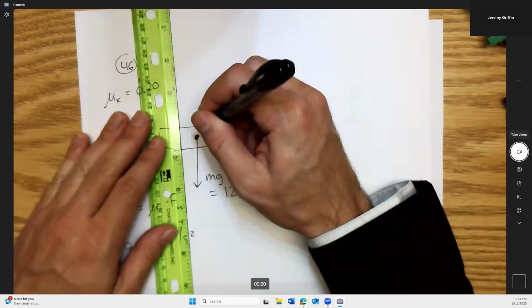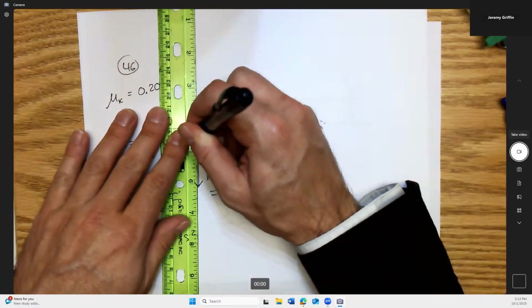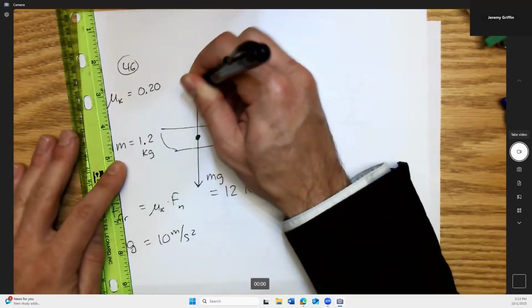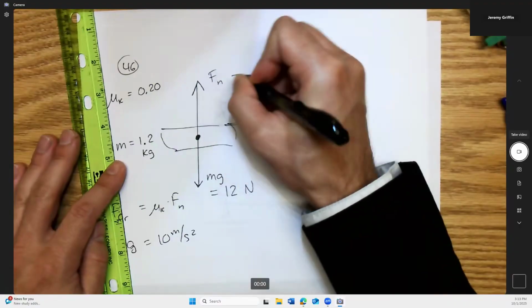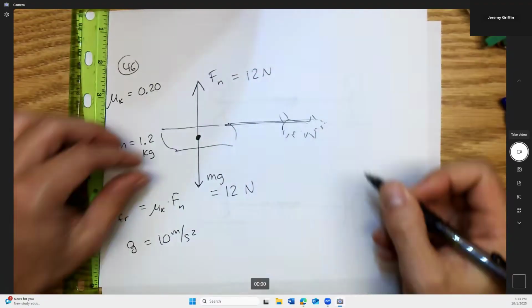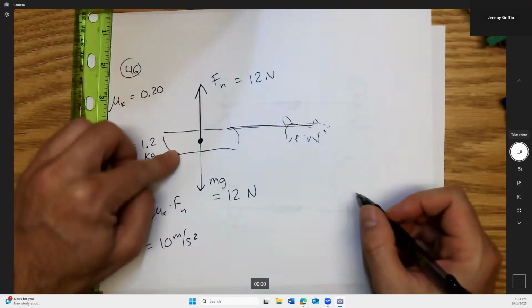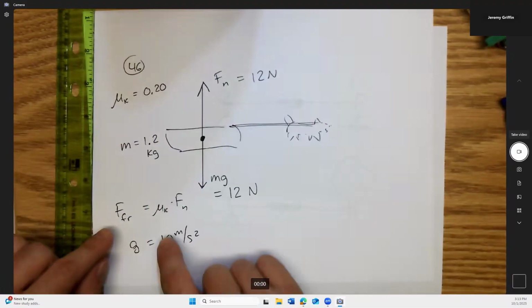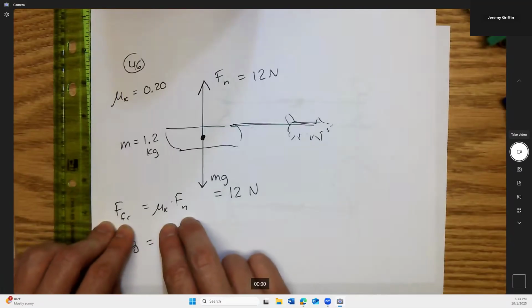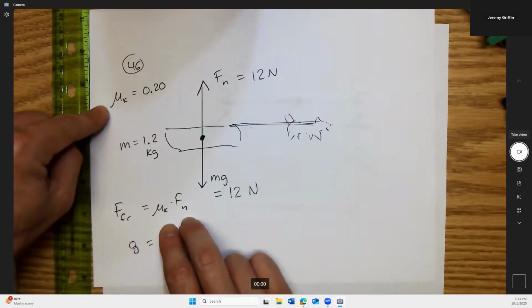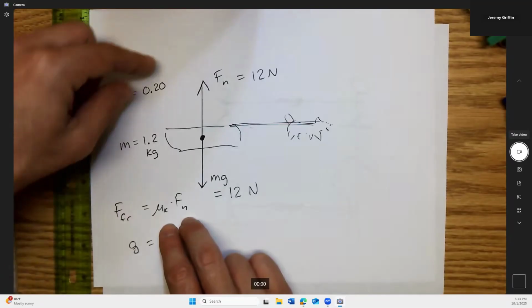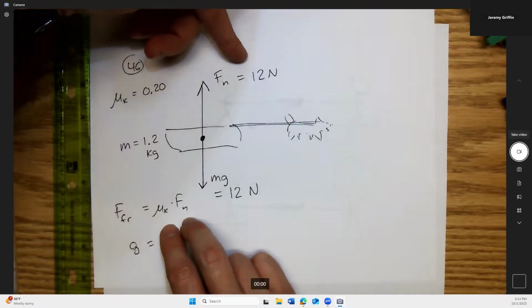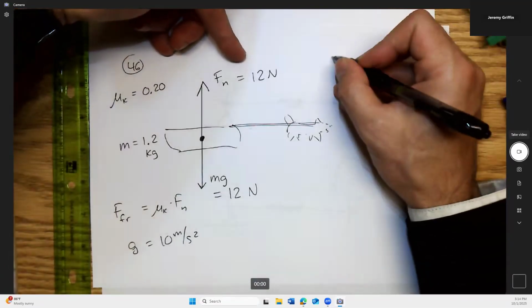If the weight is 12 newtons and we're on level ground, what's the support force from the ground equal to? Also 12 newtons, because the forces have to sum to zero in the vertical direction. Now, what about the coefficient of kinetic friction, 0.2? We just found the normal force, 12 newtons. So what's the friction force equal to?